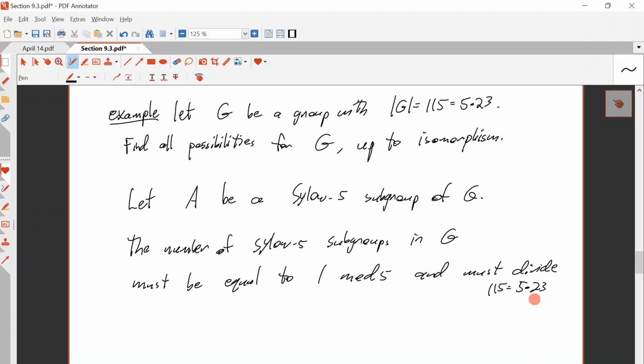Well, actually, it has to divide 23, because 1 mod 5 never divides 5.